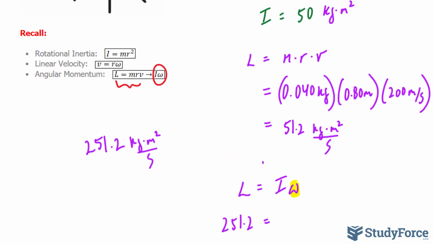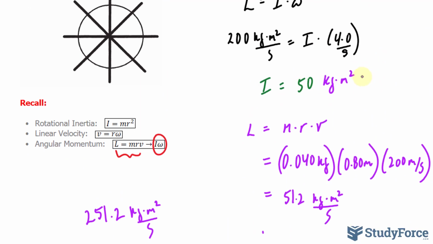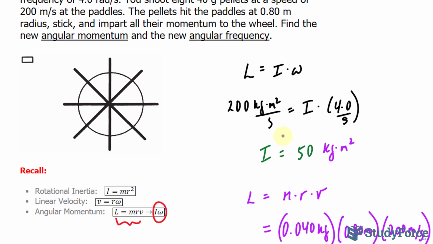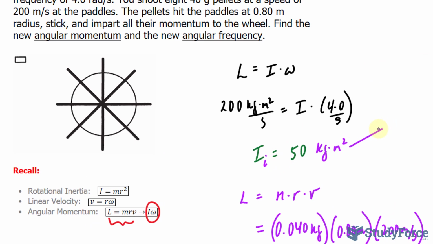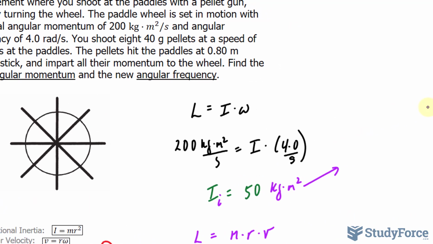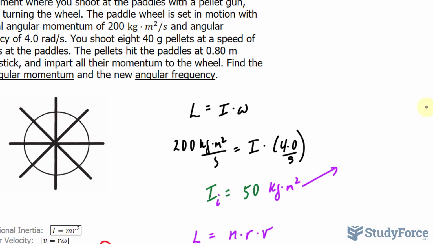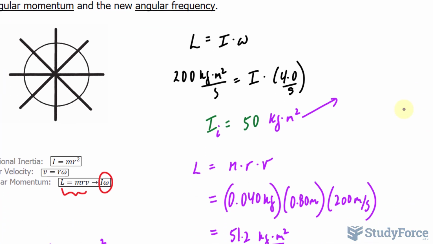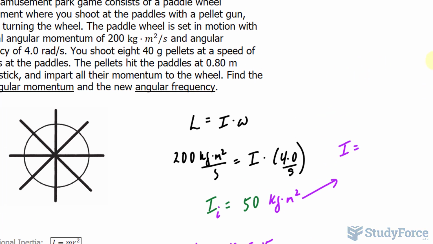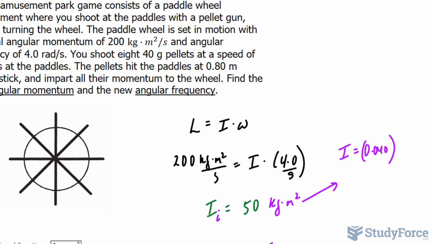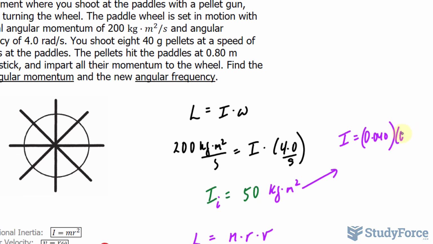In place of I, we will take this value that we found earlier, the initial moment of inertia. So this is I sub i, let's say, and add to it the moment of inertia of the additional mass from the pellets. That requires a separate calculation. I is equal to the mass of the bullets, which was 0.040, multiplied by the radius, and that was 0.80 raised to the power of 2.